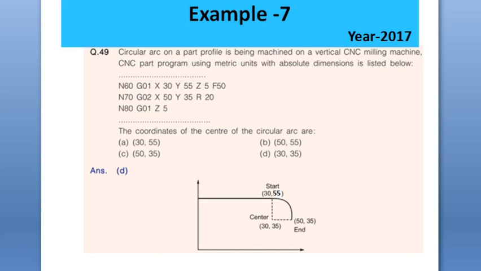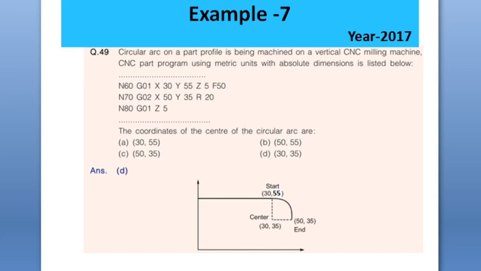Metric units means G21, absolute means G90. Both are used. There are three statements given: G01, X30, Y55, Z5, then feed rate 50. G02, X50, Y35, R20, G01, Z5.